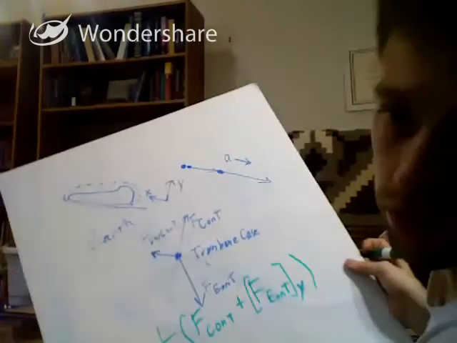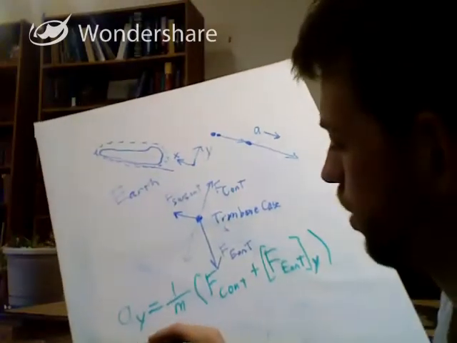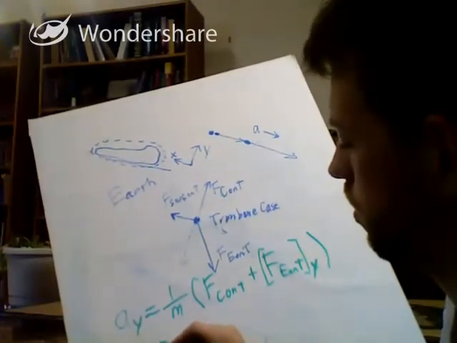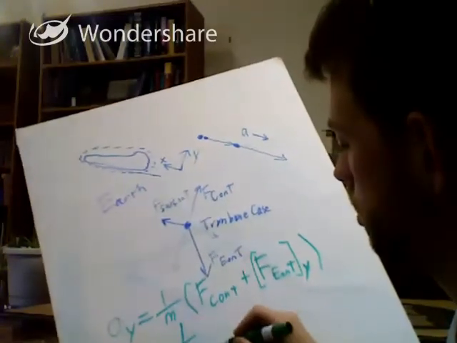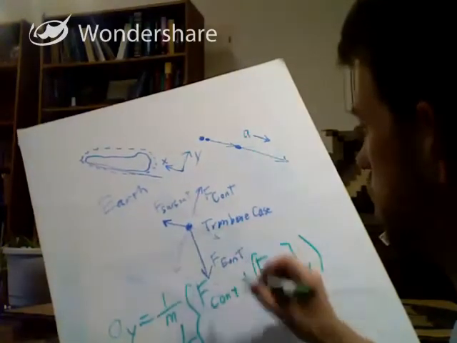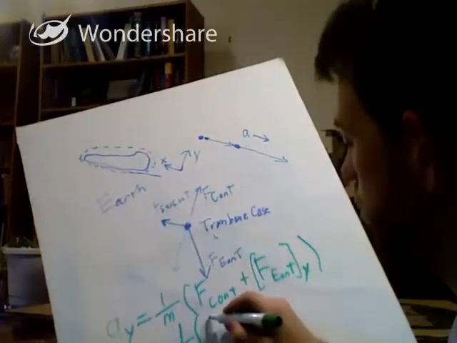Then we have to set up the other Newton's second law equation. We have horizontal acceleration equals 1 over the mass of the trombone case times the force that the surface exerts on the trombone case.